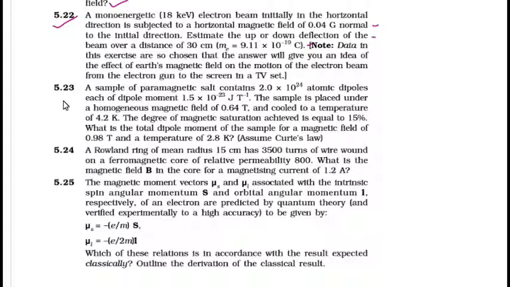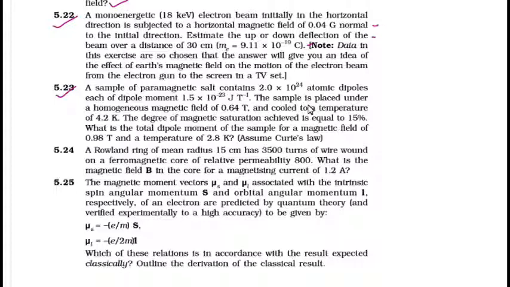Now we'll see problem number 5.23. A sample of paramagnetic salt contains 2 into 10 to the power 24 atomic dipoles. Each dipole has a moment of 1.5 multiplied by 10 to the minus 23 joule per Tesla.